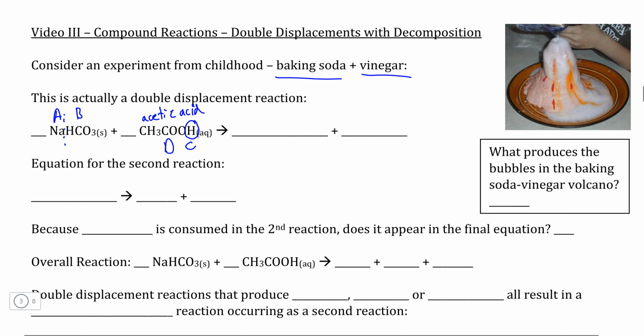When a double displacement reaction occurs, we would end up having the cation in one replace the cation in the other. So here, because hydrogen ionizes to form an H+ ion, sodium would replace hydrogen in acetic acid, and then the hydrogen would replace the sodium in sodium monohydrogen carbonate.